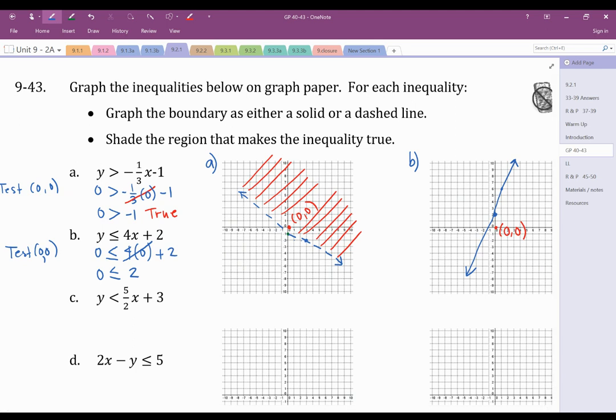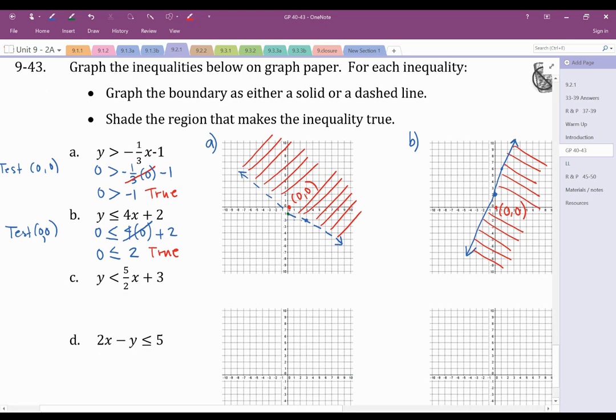So this is true. Therefore, our right side is part of the solution. Clear? So our shaded part will be this part. Okay, you can use your ruler to graph.